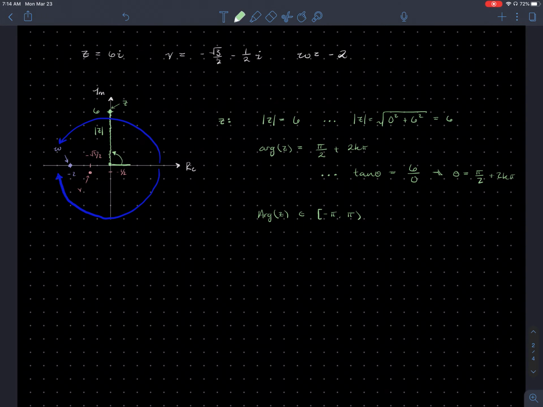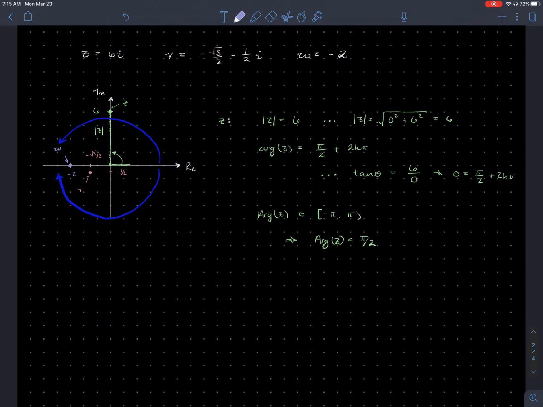If we wanted to reach right here, going negatively, we'd have to have negative 3 pi halves, which is going to be larger in magnitude than negative pi. So that would break that rotation. But we could say that pi halves does not break that rotation. So our principal argument of z is going to be equal to pi halves.